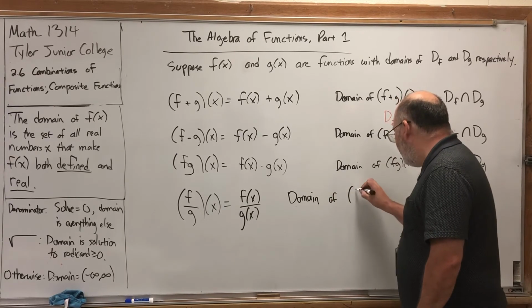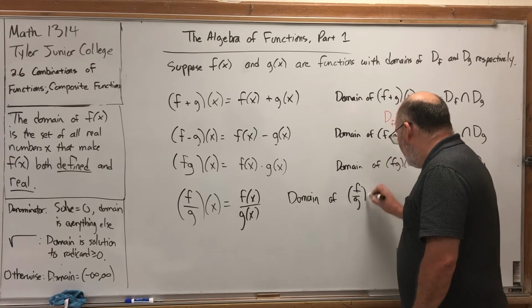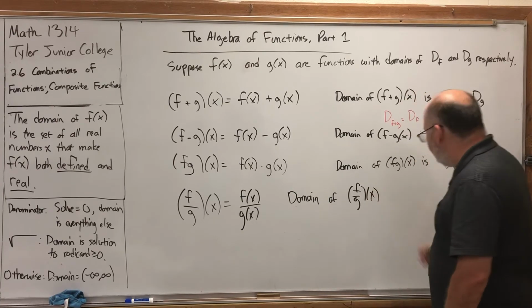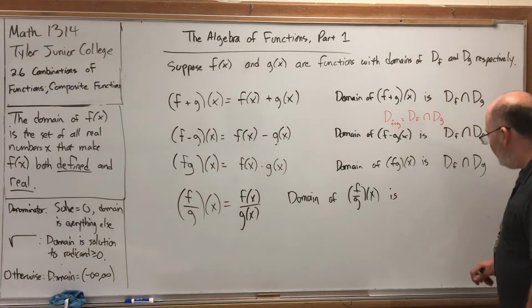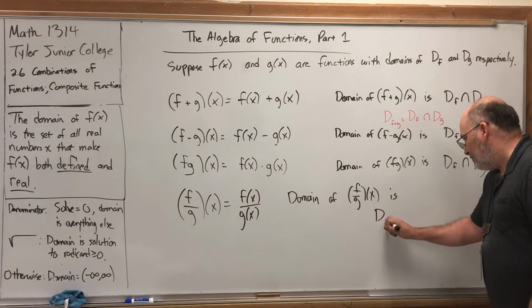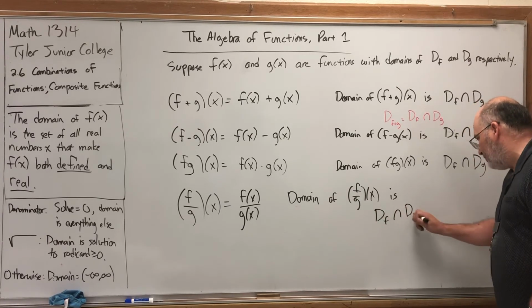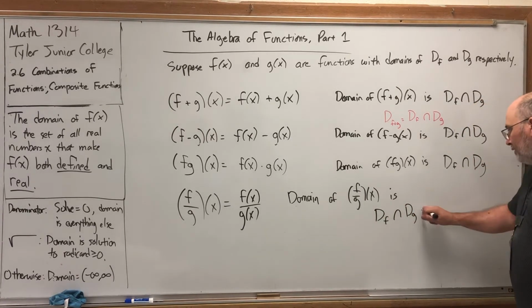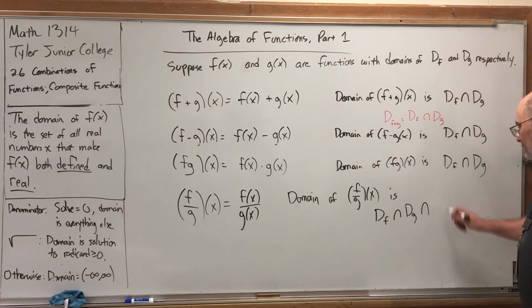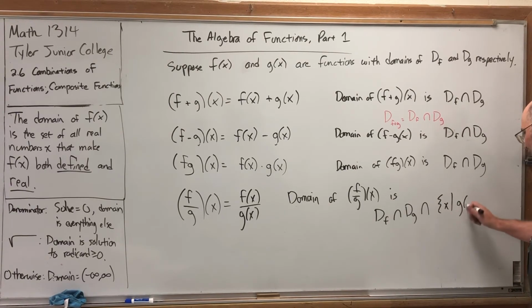This one's a little trickier to write symbolically, but I can write it as an intersection. It is the first function's domain intersect the second function's domain, but it's also intersect something else. It's intersect the set of all x's such that the denominator, g of x, is not equal to 0.